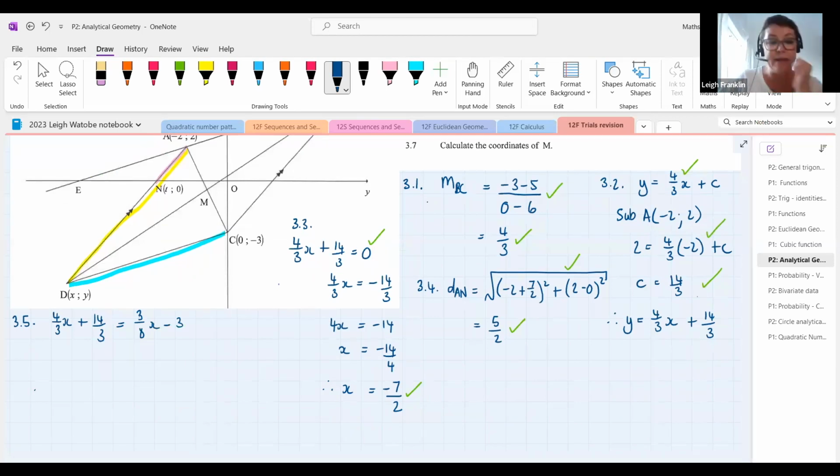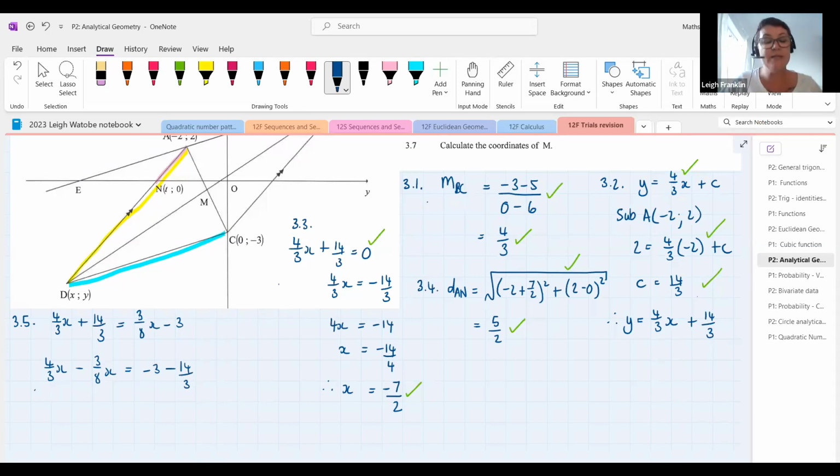So this is linear. So there's only going to be one solution for x and one solution for y. So what we want to do is collect our x's together and collect our number terms together. So I'm going to put 4 over 3x minus 3 over 8x, and I'm going to keep the negative 3 on the left, and I'm going to move the 14 over 3 over.